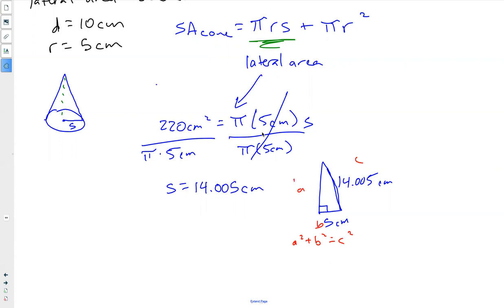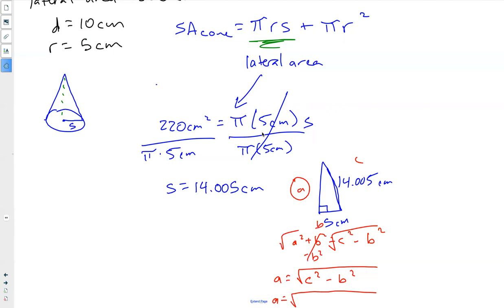And I want to isolate for A. So I'm going to subtract B squared from both sides and take the square root. So A is equal to the square root of C squared minus B squared. A is equal to the square root of 14.005 squared minus 5 squared.